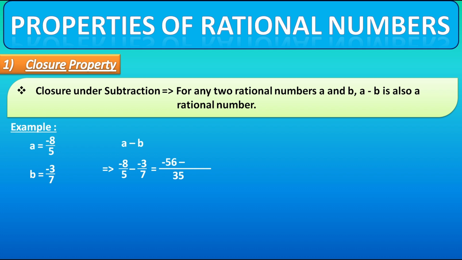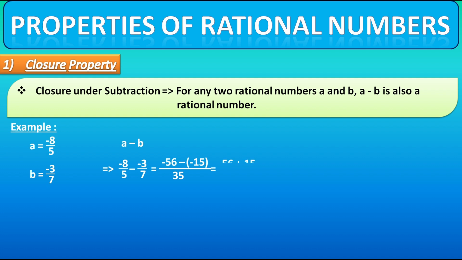Then 5 3s are 15 with negative sign. Now here I got minus 56 minus of minus 15. Whenever we have a minus sign before the second number in front of the bracket, the sign of the bracket number will get changed. That means this minus 15 will become plus 15.